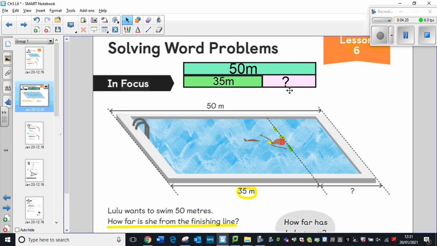Okay? So look at that bar model. That now tells me a little bit more information as to what I need to do to find out how far she is from the finishing line. Okay, it does tell me that little bit more information.